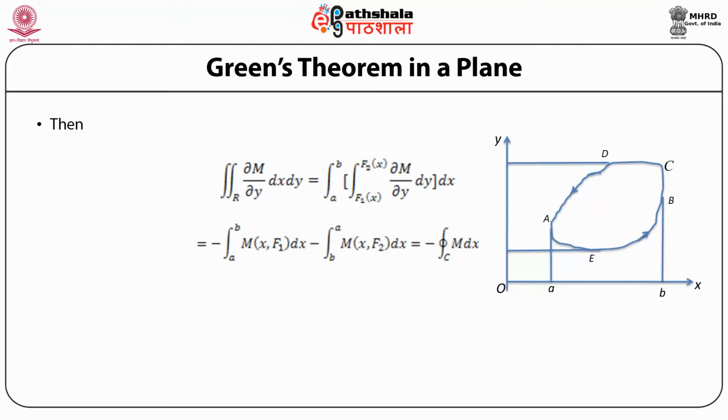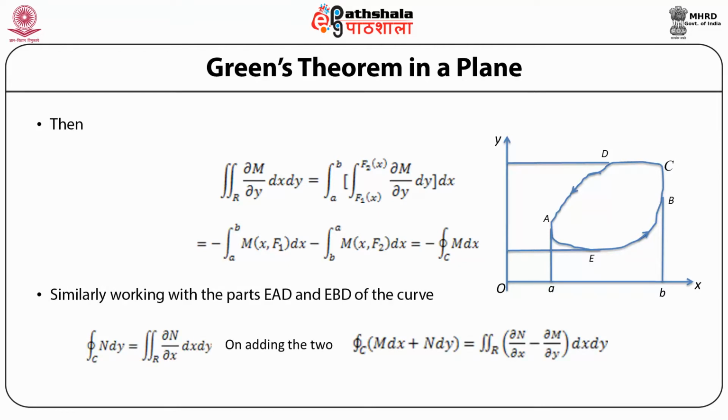Then the surface integral over R of ∂M/∂y dx dy equals the integral from a to b of the integral from f1(x) to f2(x) of ∂M/∂y dy, whole into dx, which equals minus the integral from a to b of M(x, f1) dx minus the integral from b to a of M(x, f2) dx, which equals minus the line integral over the closed loop C of M dx.